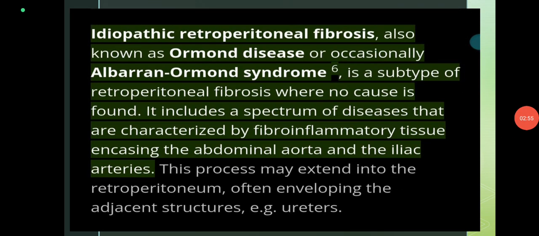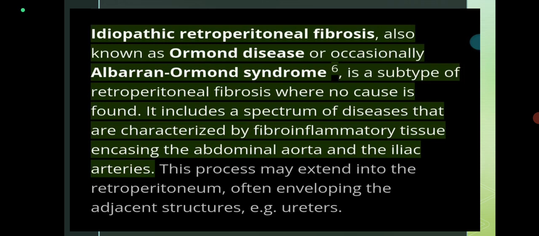So what is meant by idiopathic retroperitoneal fibrosis? It was previously called Ormond disease. It's a subtype of retroperitoneal fibrosis, and it is called idiopathic because we don't find any obvious cause.